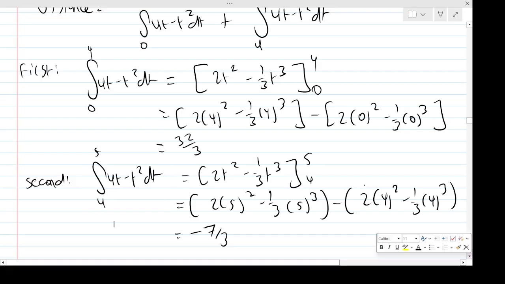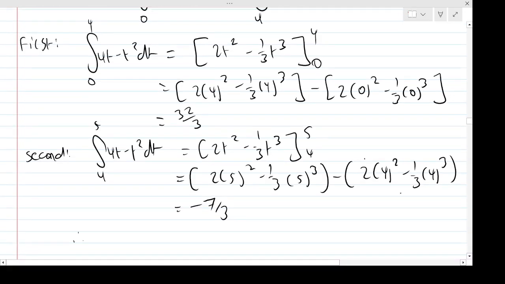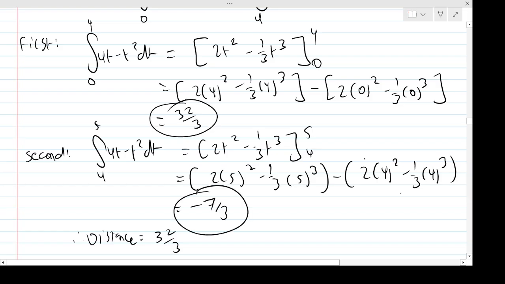So it's a negative area. So actually the distance is going to be these two results added. So 32 over 3, but then we need to flip this to a positive, so it's plus 7 over 3. If we add that up, we get 13, and that'd be meters, and there we are.